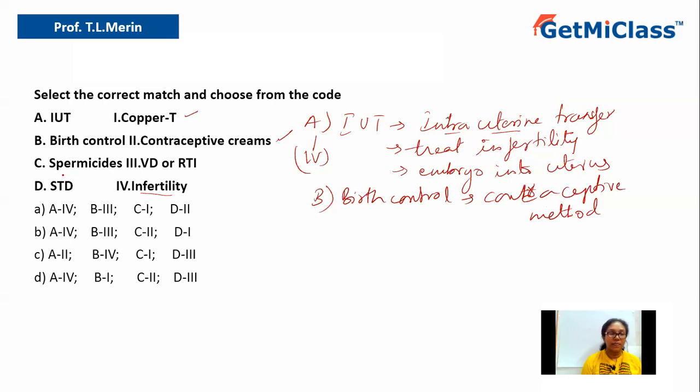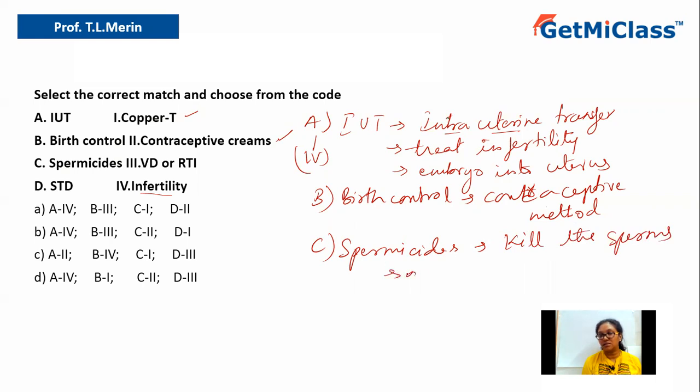So option C says spermicide. So what do you mean by spermicide? Spermicides are the chemicals or components which have a killing effect on the sperm. So they kill the sperms. There are various products, like jellies, creams, and foams which are available, which have spermicidal effect.